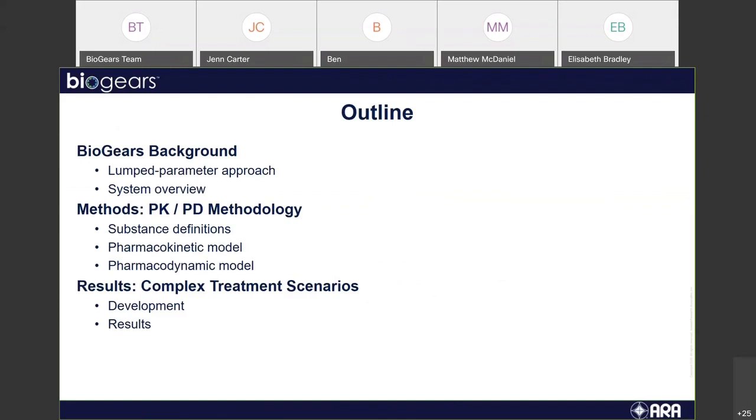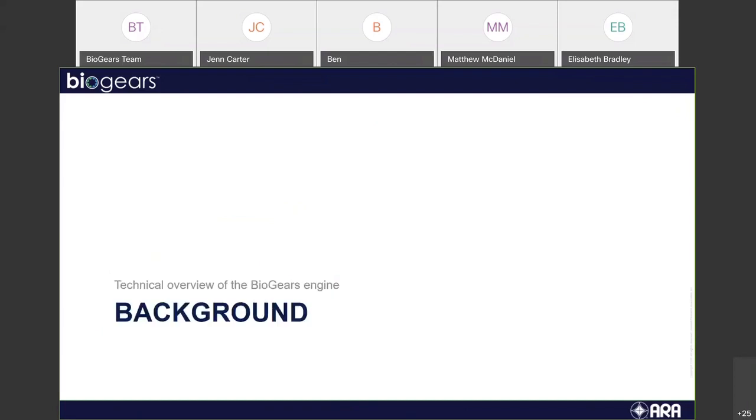Then we'll get into a general overview of our PK/PD methodology. How do we define substances? How do we define how they travel in the body? Pharmacokinetics. And how do we define how they affect the body? Pharmacodynamics. Then we'll discuss a complex treatment scenario using vasopressin. So that'll be the outline.